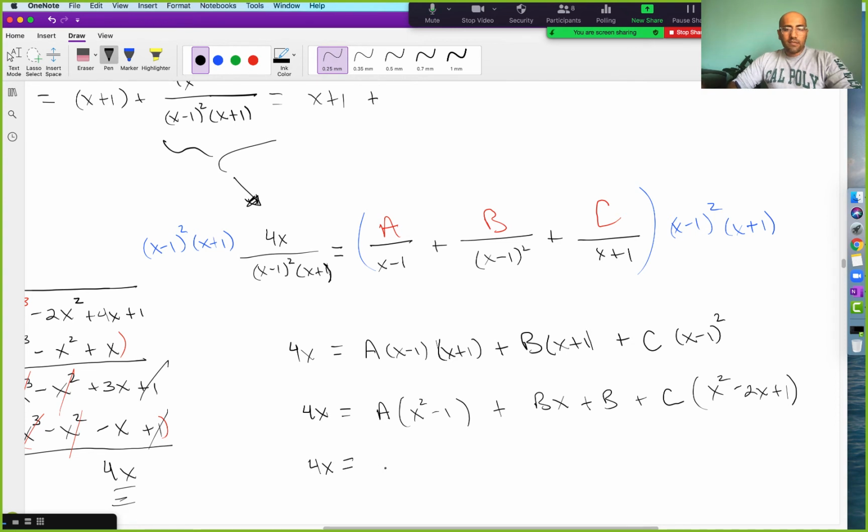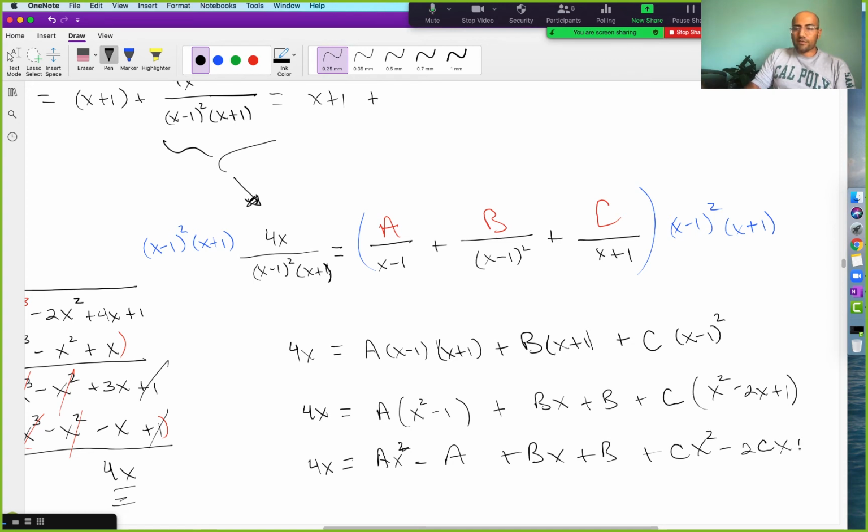So 4x equals ax squared minus a plus bx plus b plus cx squared minus 2cx plus c.